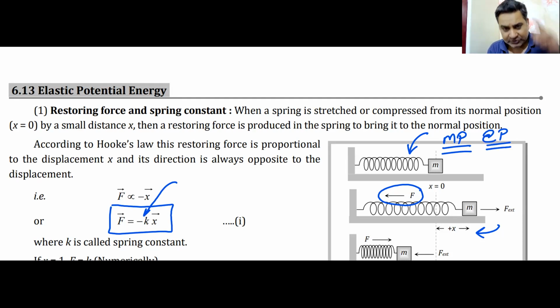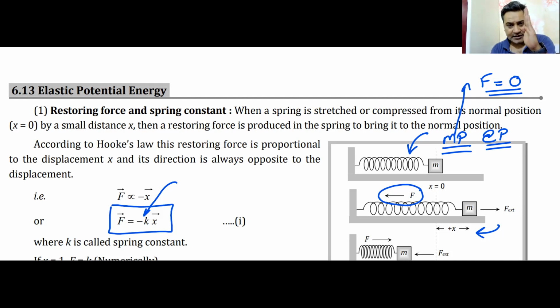Mean position is a term that will come to you in the chapter of simple harmonic motion, SHM. You can call it mean position or equilibrium position. Mean position or equilibrium position simply means that the force acting on the block is 0. So basically, the mean position or the equilibrium position of this body occurs when the spring is in its relaxed state.